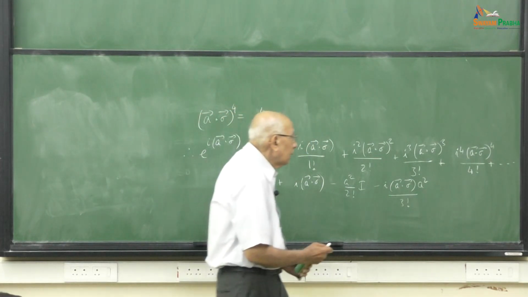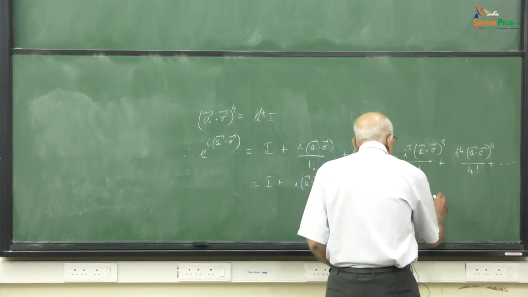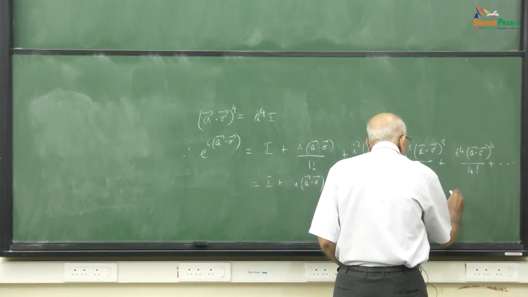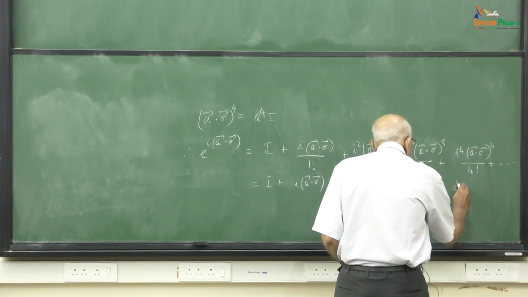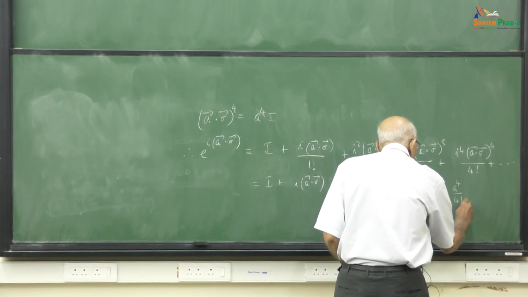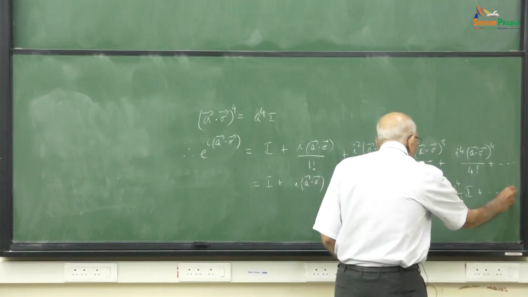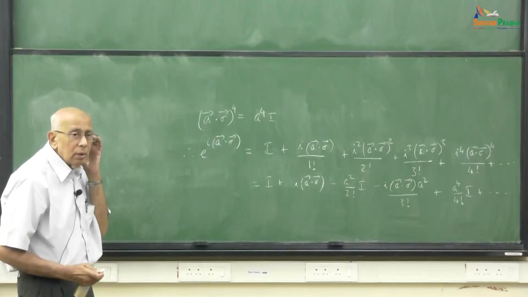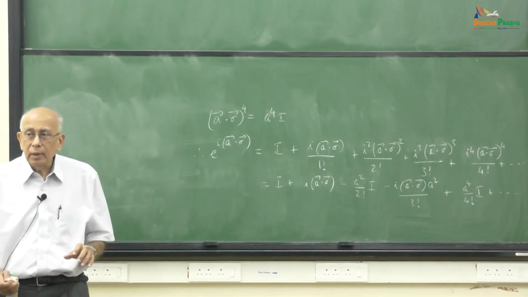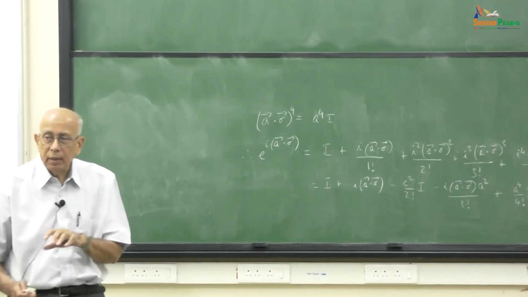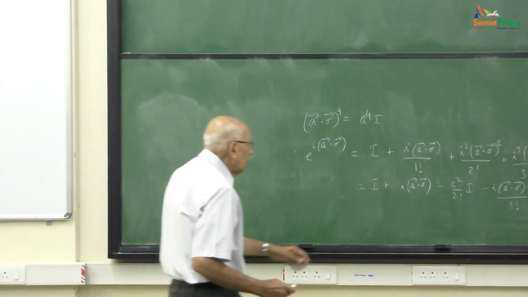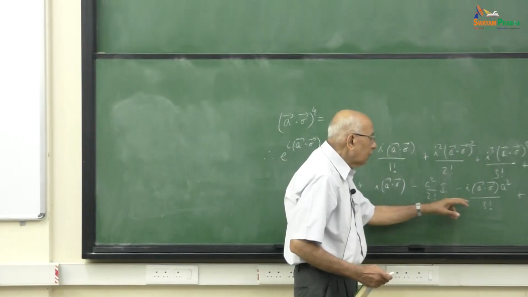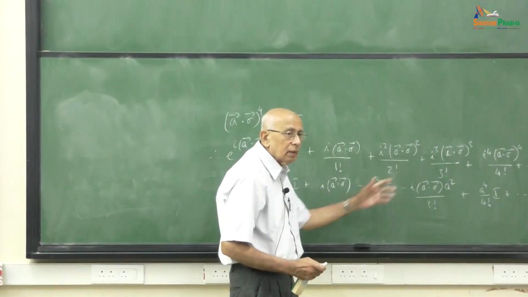Okay. And then the next term is plus i to the power 4, which is 1. This is a to the power 4 by 4 factorial, plus dot dot. So as I promised you, the answer is turning out to be a linear combination of the identity matrix and a dot sigma itself. A dot sigma appears in every alternate term and the identity matrix appears in every alternate term.